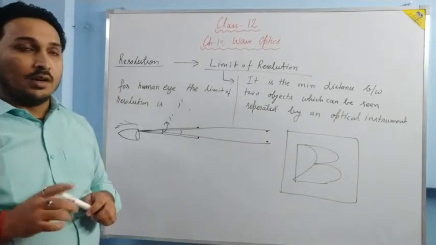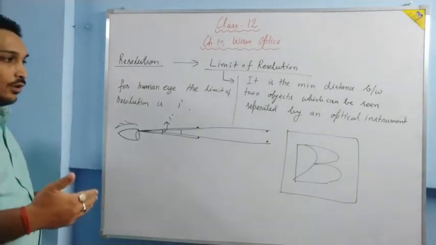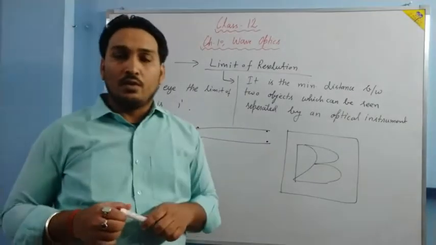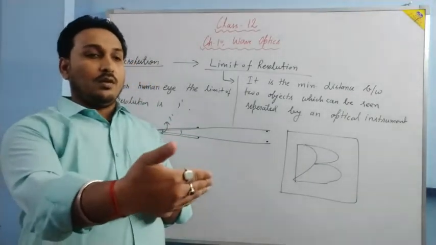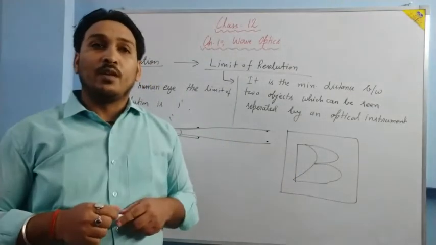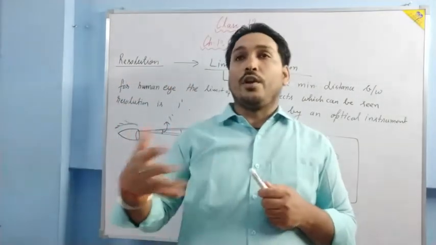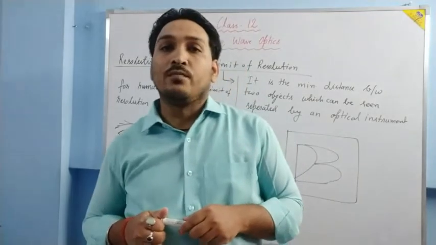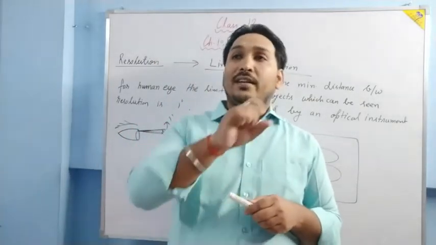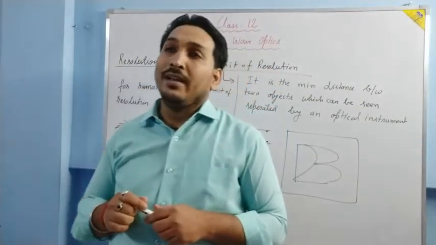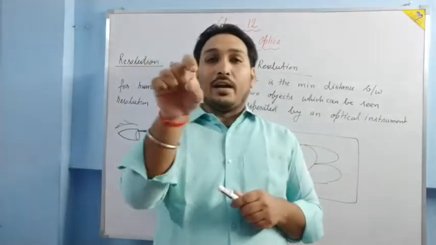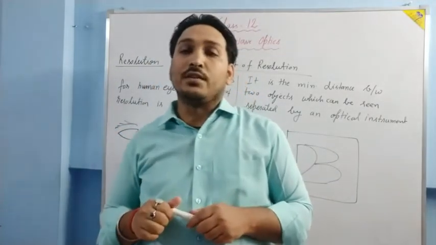Like suppose you are able to read the newspaper, so you have to keep the newspaper not very far away from your eye. If that newspaper is stuck to the wall and you are looking at it from a distance of 1 meter, 2 meters, then maybe you are able to read the headings, but you are not able to read the articles which are written in very small letters.